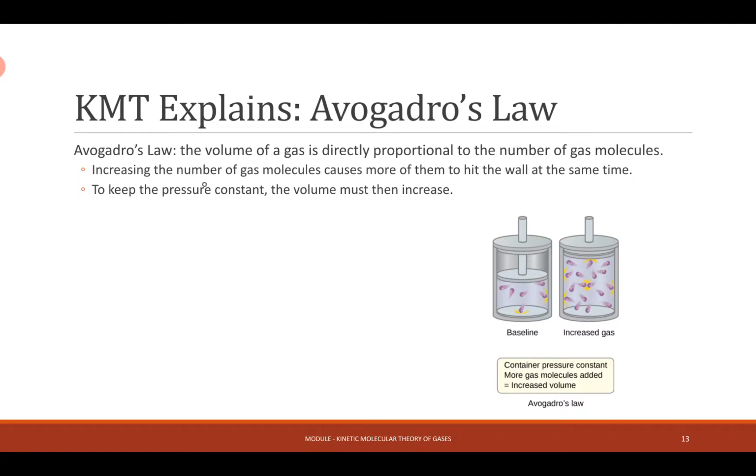Avogadro's law is that relationship between volume and moles of gas. And so we have our V1, n1, V2, n2 relationship. And as we increase the number of moles, then that's going to cause the number of collisions to increase, but we're trying to maintain a constant pressure.